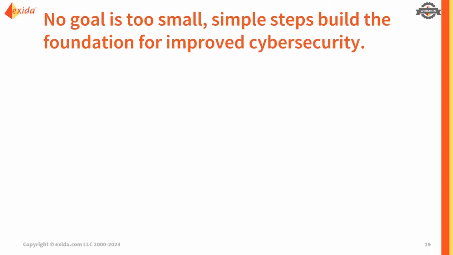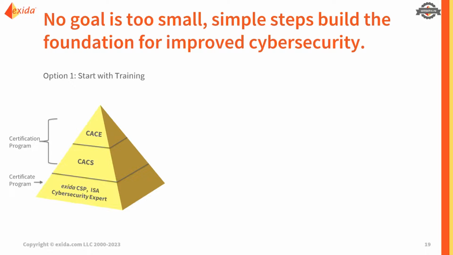And so with that in mind, part of the pragmatic approach is, there's no goal or no objective that's too small, because each of those simple steps is going to help build the foundation for better cybersecurity over time. And so if you're sitting here listening to this presentation and thinking, oh my gosh, we've got an industrial site or a product in industrial systems, and we've been so focused on safety and operations that we haven't really dug into the cybersecurity yet.